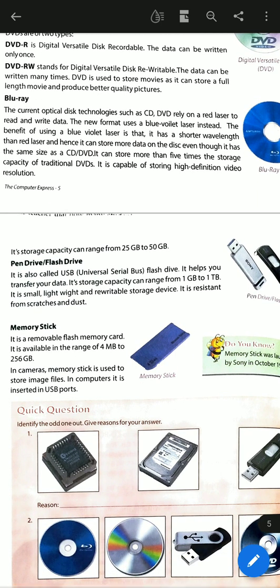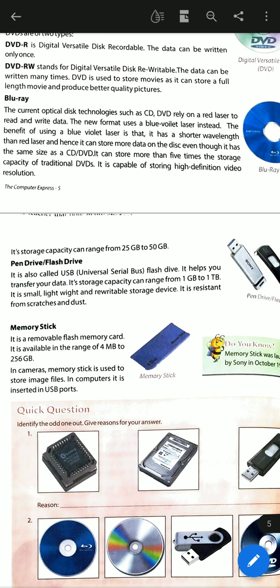Next, pen drive or flash drive. It is also called a USB, Universal Serial Bus flash drive. It is used for transferring data. Its storage capacity can range from 1 GB to 1 TB. It is a small, lightweight and rewritable storage device.